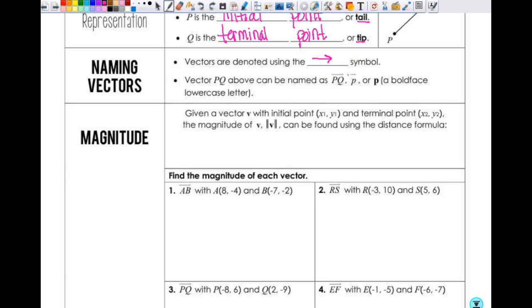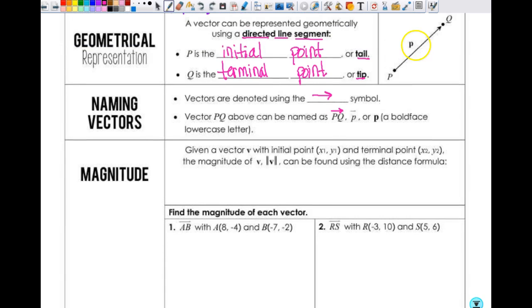So we could have vector PQ, or you could have a lowercase p with the arrow over it. That's not okay for a ray. It is okay for a vector. Or it could just be a bold-faced lowercase letter. When you're writing it, it's hard to make that bold face, so we're going to use the arrows, but you might see it actually printed that way.